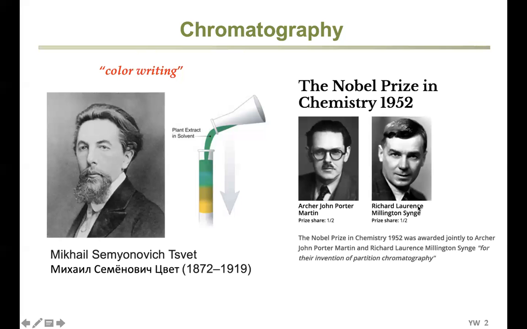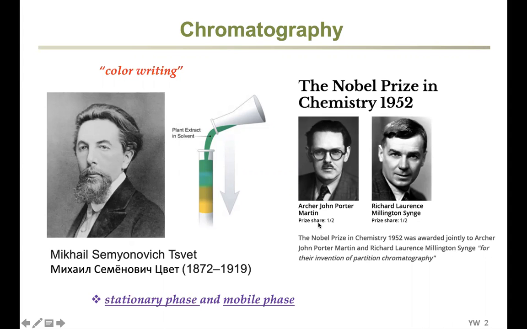Then later on, around the 1940s and 1950s, two other scientists further developed this technique by developing the detailed fundamentals and methodology for partition chromatography, which is the foundation that made this technique widely applied in later research and industrial usage. Because of that, these two scientists received the Nobel Prize in 1952 for the development of partition chromatography, okay?